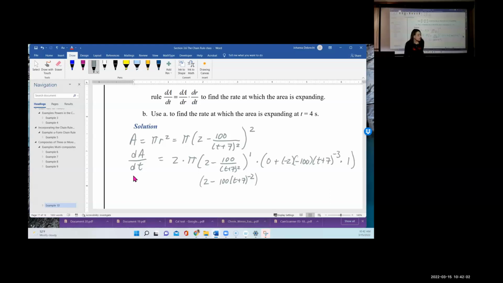The inside function there is t plus 7, and the derivative of t is 1, and the derivative of 7 is 0. So we get a 1. The derivative of t plus 7 is just 1.